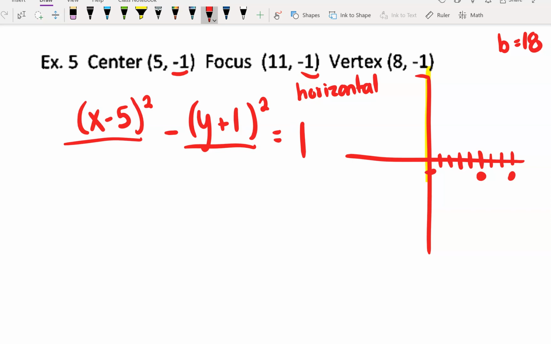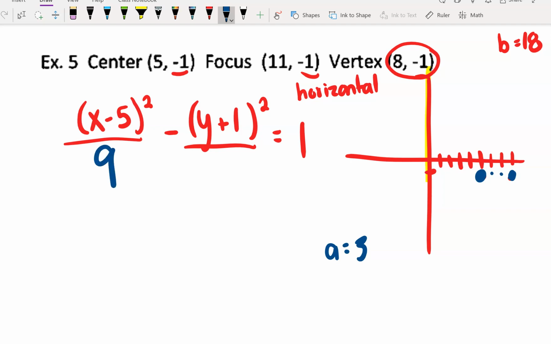Well, I can use the vertex to find my a value. My center was here. The vertex is 1, 2, 3 away from it, which means my a value must be 3. Which means this is going to be 3 squared, which is 9.